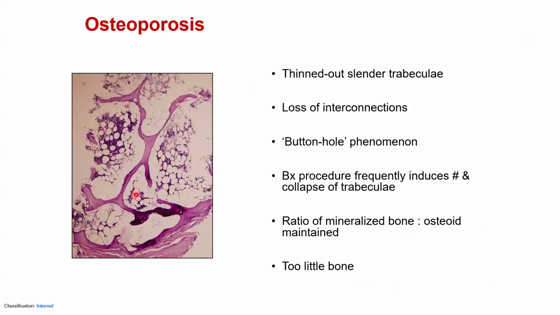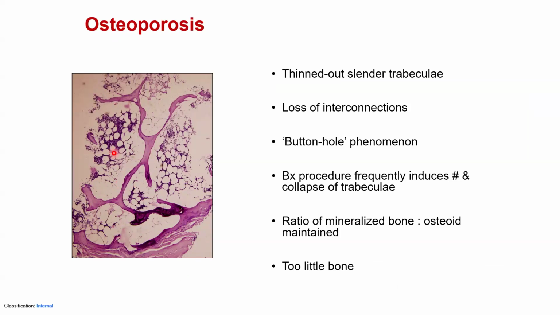Here you are seeing thinned out bony trabeculae, where there is sometimes loss of interconnections between the bony trabeculae. When we are doing this procedure, usually the needle just goes in very smoothly, and it gives you the feel of entering into butter.